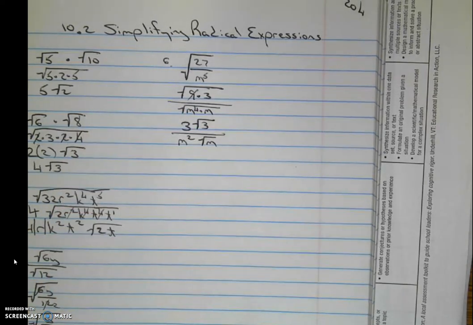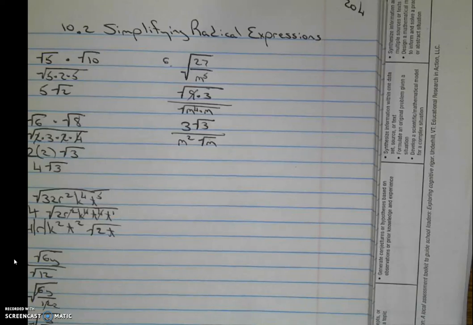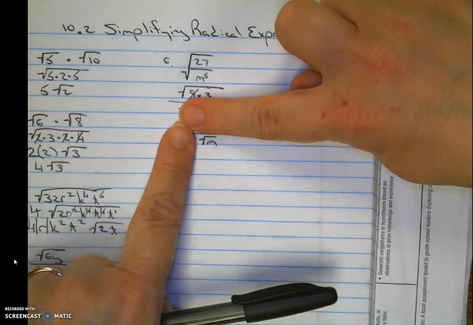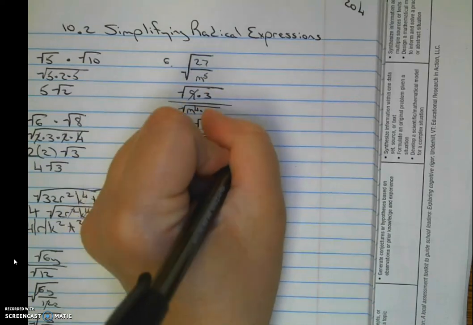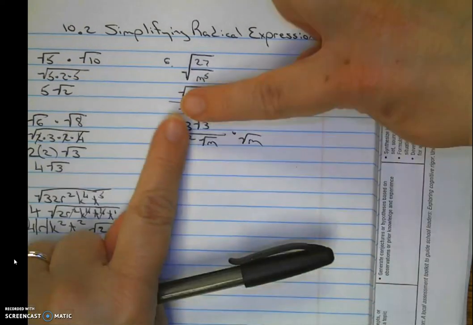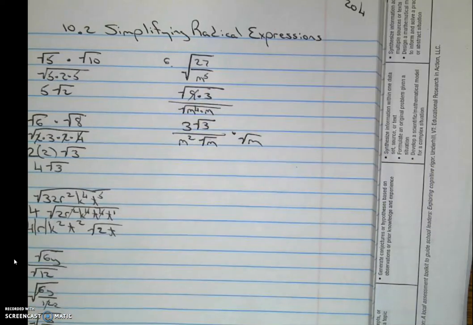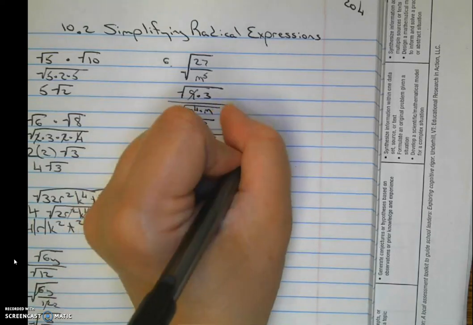Oh, remember I said I did not like to have radicals in the denominator. We can't do that. We have to do things called rationalizing denominators. This square root of m is the whole issue. This is my decision maker. So, we know that the square root of m times square root of m is equal to a plain old m. That's good. But I can't just multiply a plain old square root of m.